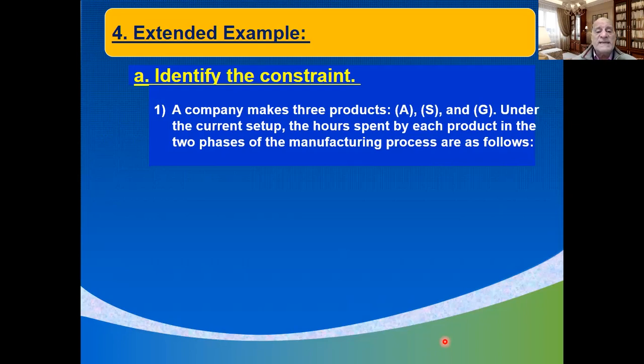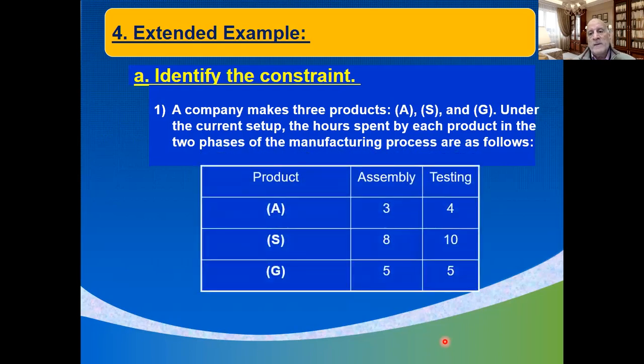Under the current setup, the hours spent by each product in the 2 phases of the manufacturing process are as follows. So we assume that the process consists of 2 phases.